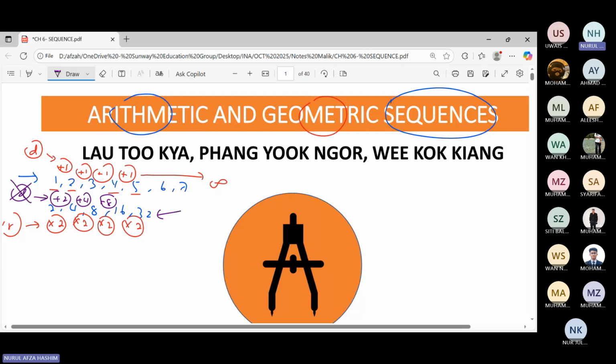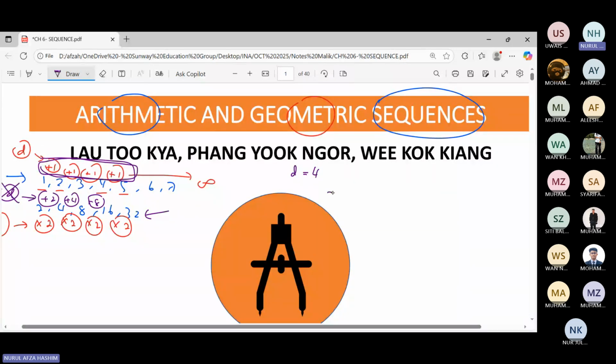Arithmetic, you can only add the same number to get a new number. Let's say your difference here is 4. If your first number here is 7, what is the next number? 11, madam. The difference is 4.